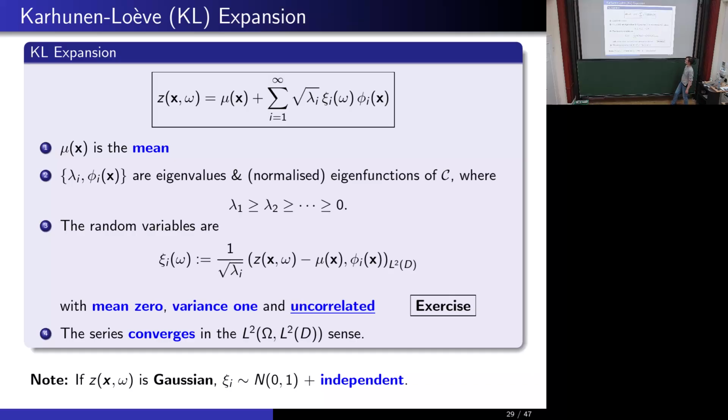So if I didn't have a Gaussian random field, I might be in trouble. But for Gaussian random fields, uncorrelated does give you independent. So this is a tool from probability, very similar to the eigenvalue decomposition that we looked at before, just in the function space setting.